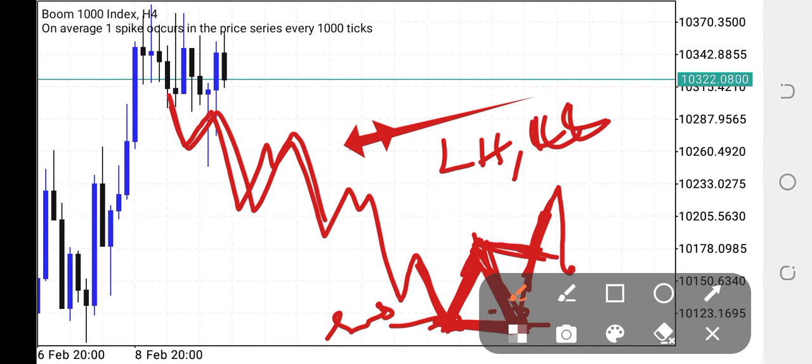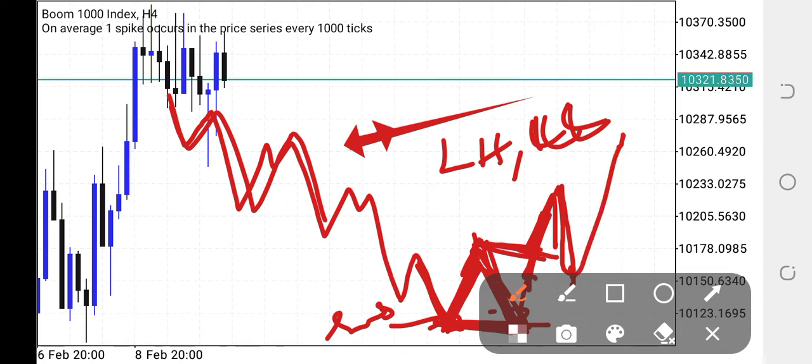It can be a short pullback, take the neckline, form a rejection hammer or whatever reversal pattern and go up. Or price might come down to a fair value gap, or down to where the OB is, to fill that place and push up.